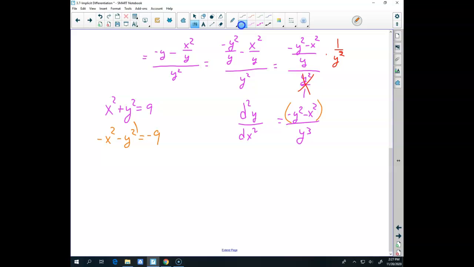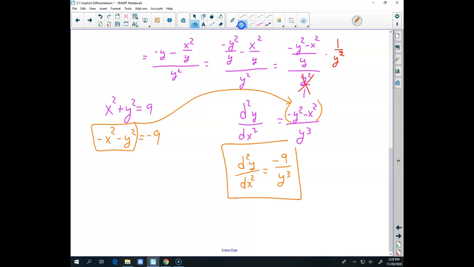So that means I can substitute this over here, and I can say d squared y over dx squared actually equals negative 9 over y cubed. Much nicer looking derivative for me, okay? And that's one way to skin that cat, okay?